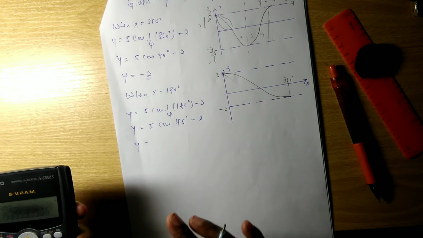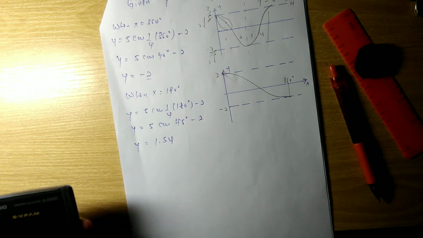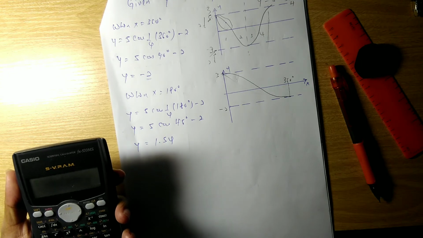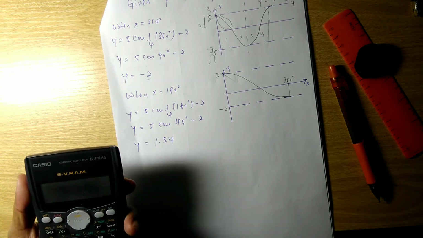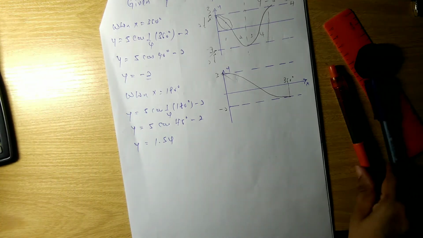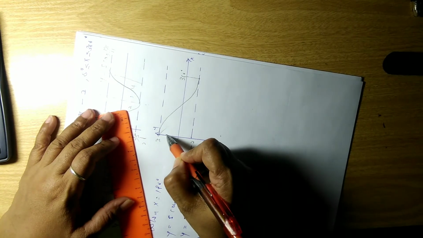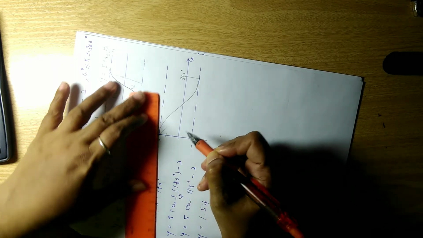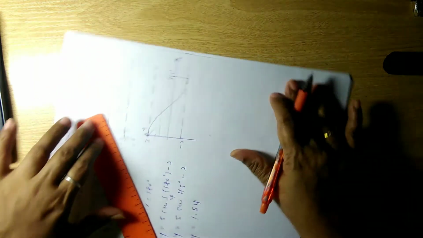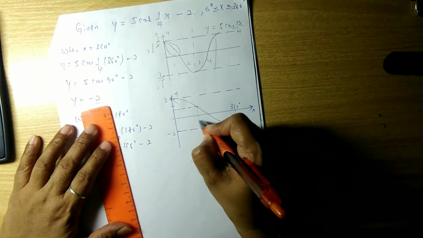This is about 1.54. Again, 5 cos of 45 minus 2, we get 1.54. If this is 3, I'm assuming 2, 1. So that's my pi, that's 1.54.